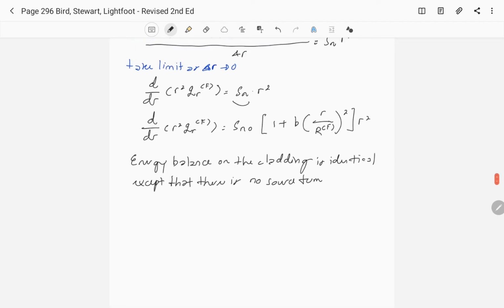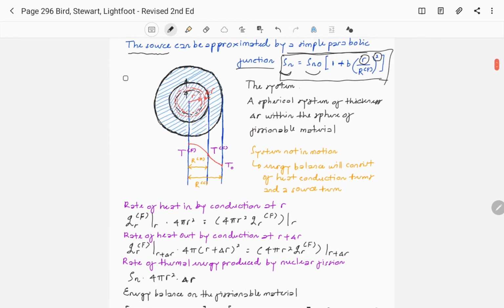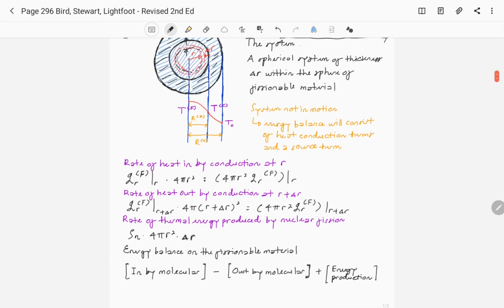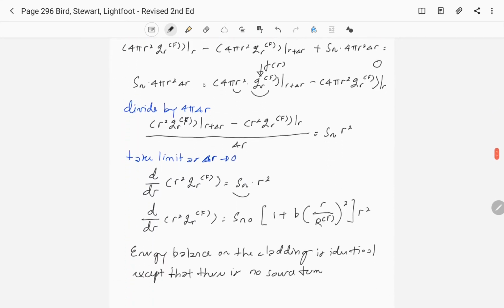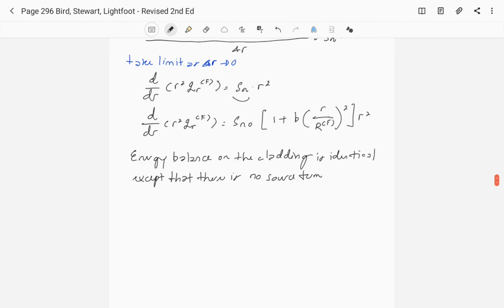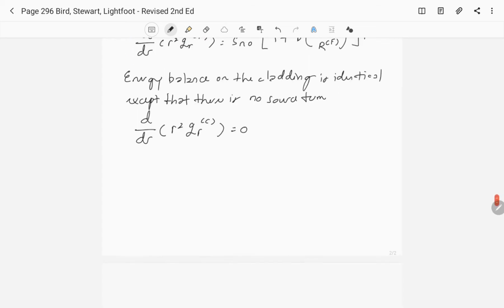What we mean by cladding in here is these sections in here, basically the surrounding part of the inner sphere. If we do that and derive in a similar way, then we will get d/dr of r squared q_c is equal to 0.